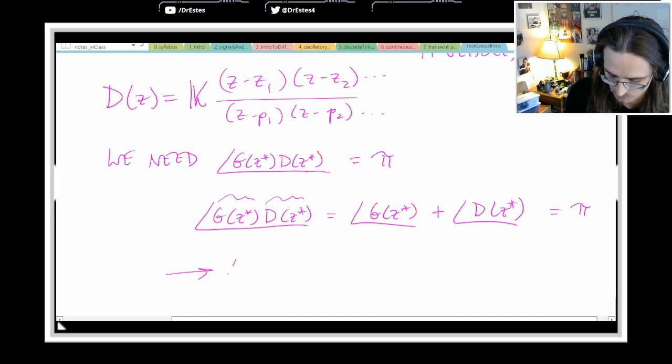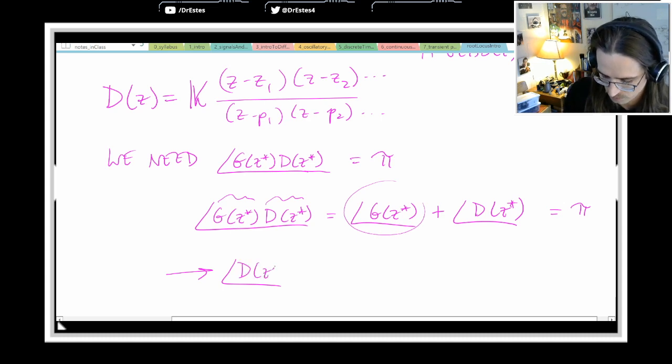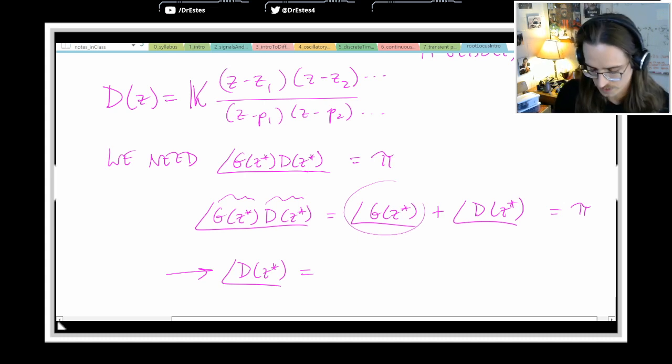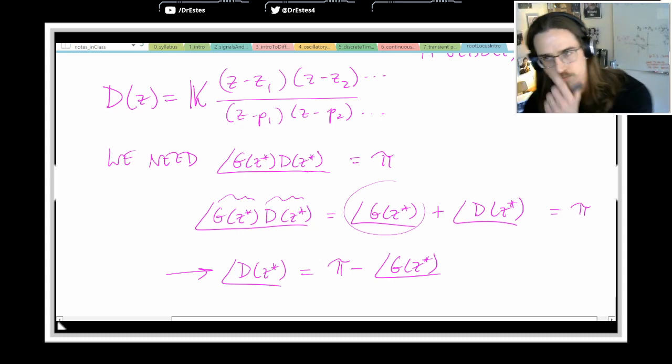So what I'm going to do is subtract the angle of our plant from both sides. This is going to give us the phase angle that our controller needs to create. It's going to be pi minus the angle contribution from the plant.